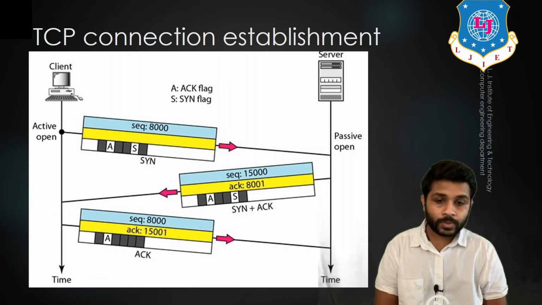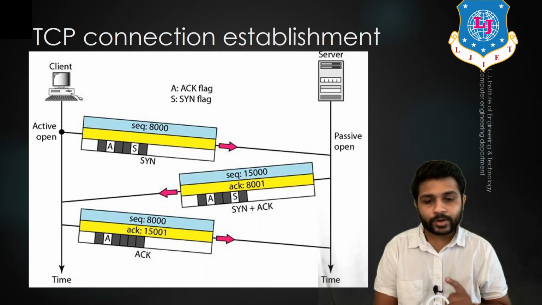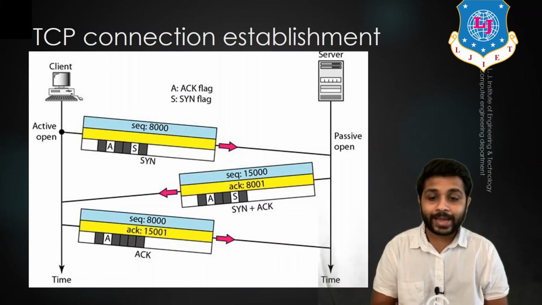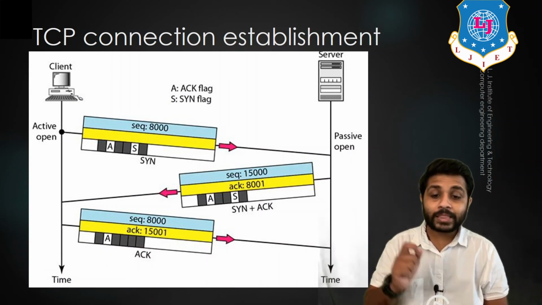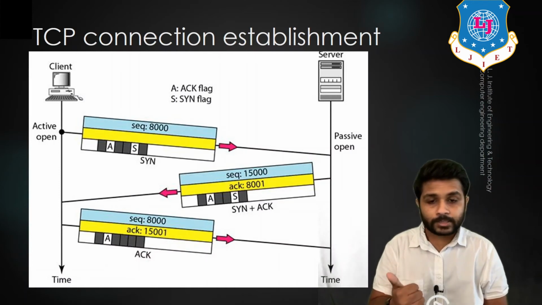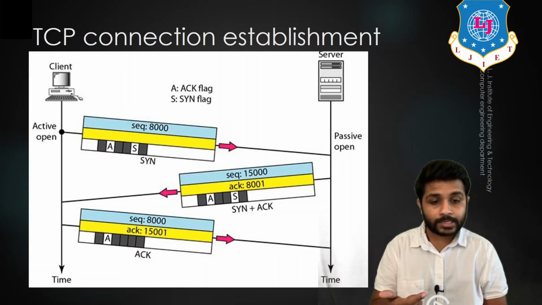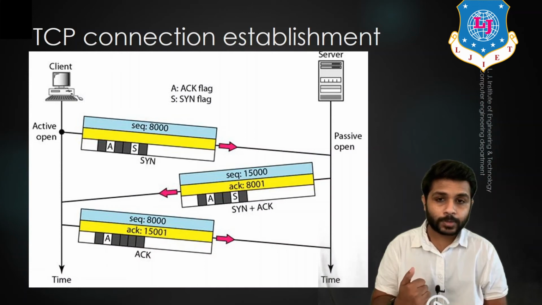You can see that the sequence number is 8000. It could be 8001, but right now we don't want to waste any sequence, so that is repeated, and the acknowledgement is 15,001 and the value of the acknowledgement flag is 1. So this is how the TCP connection is established. The first flag is SYN, the reply is SYN plus acknowledgement (ACK), and the last one is acknowledgement.